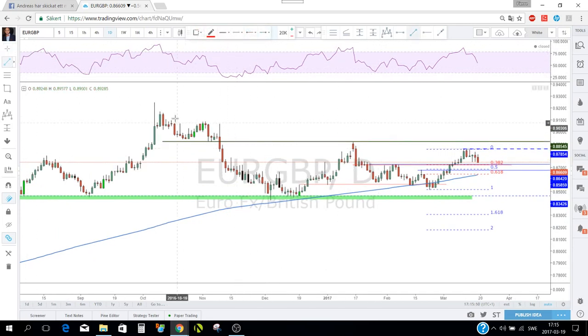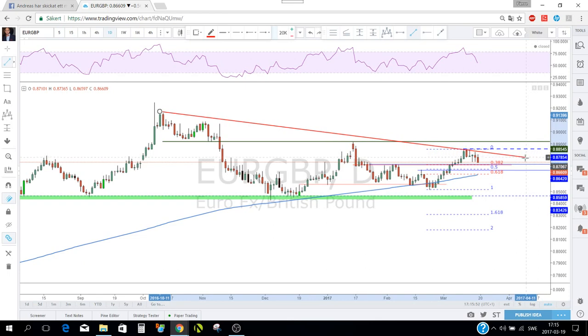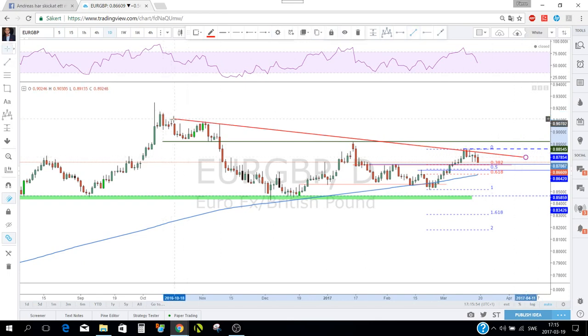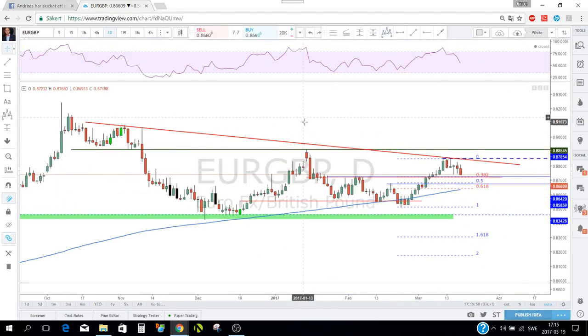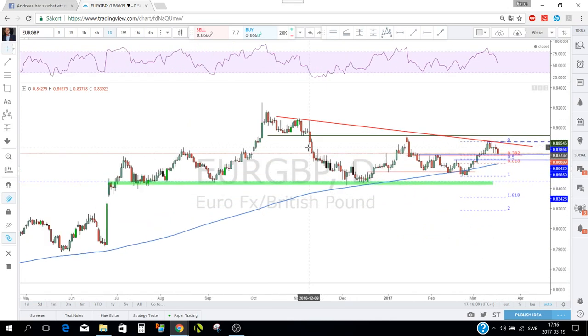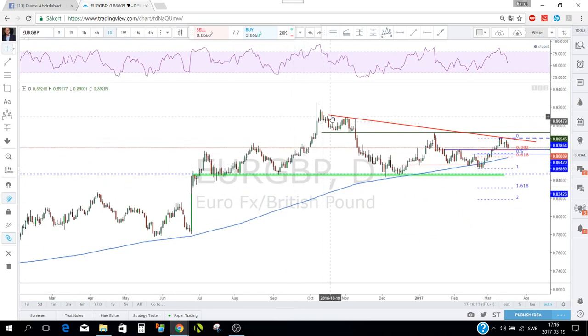The only thing I see you maybe were talking about is something like this. I don't see it as a good trend line because we don't have a real test in the middle. Yeah, we are on the daily, but I'm not sure which trend line you're talking about.